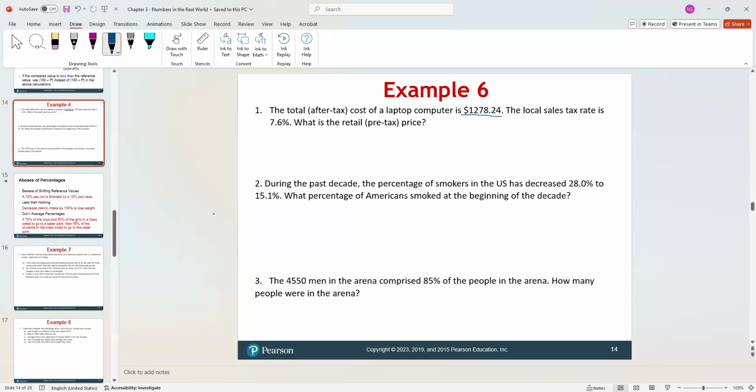Remember what we said about this: the pre-tax price. There are different ways of doing it. The total cost of the laptop is $1,278.24 after tax, because remember, this is how we do it.